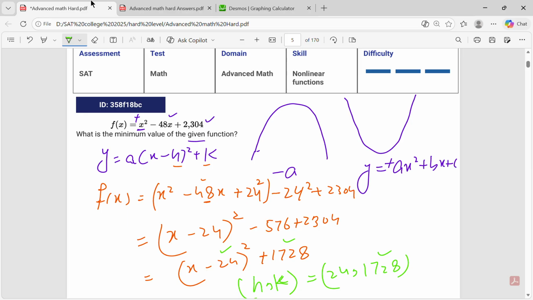Okay, now let's solve this question using Desmos.